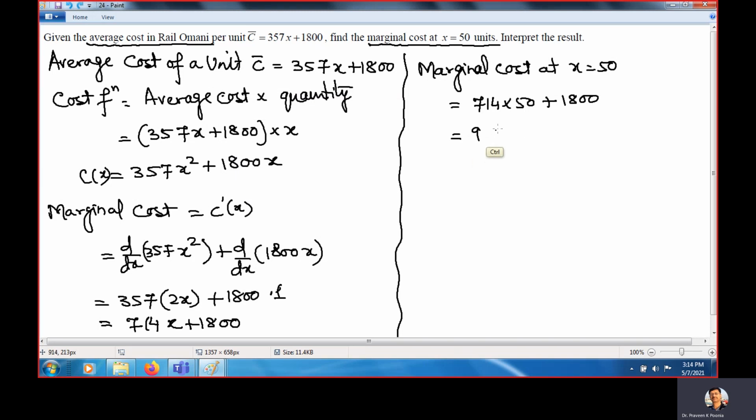I wrote it wrongly. I was thinking that this is coming as a big number. 37500 Riyal Omani. Clear? This is okay.